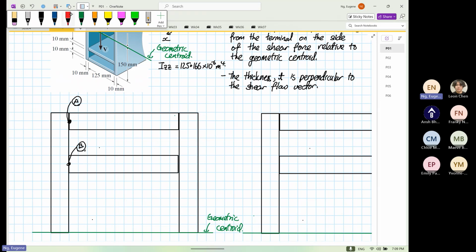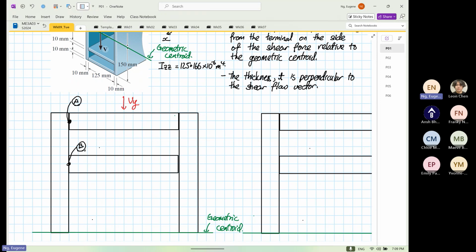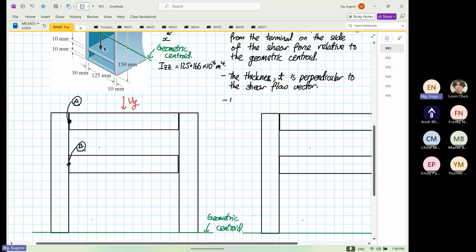So we are aware that over here, this is where our Vy comes. So we know that this is a box beam design. Okay, so another rule that I forgot to write down here: the major web controls the Q direction.